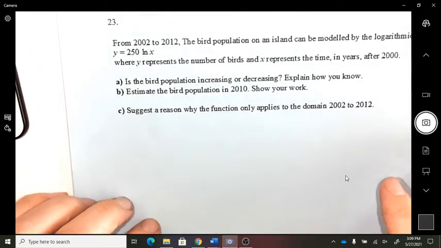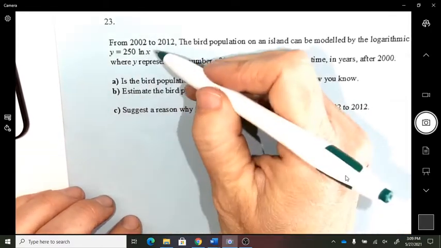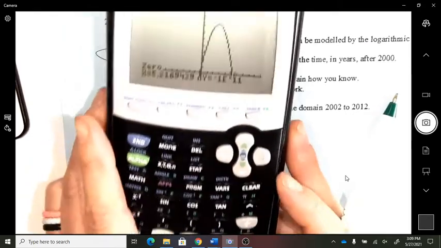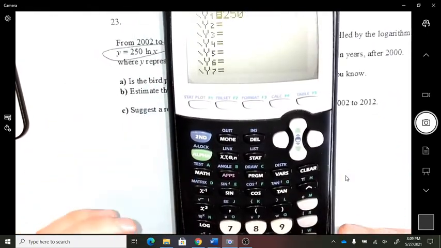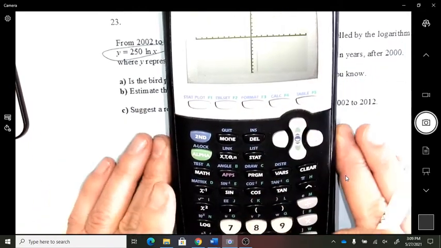Okay. From 2002 to 2012, the bird population is modeled by this equation. So we have the number of birds for y and time in years. All right, let's graph 250 ln x. I'm going to zoom 6 it again.